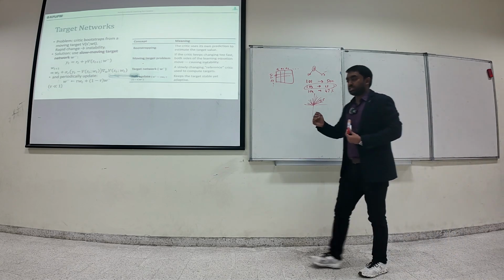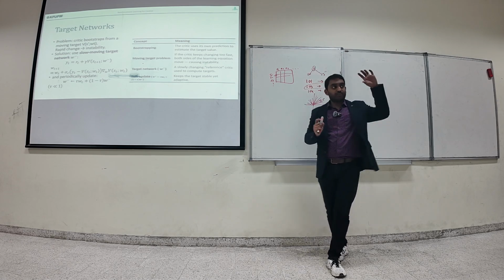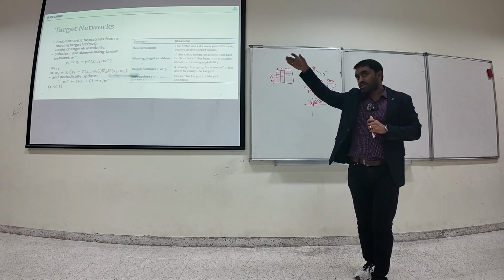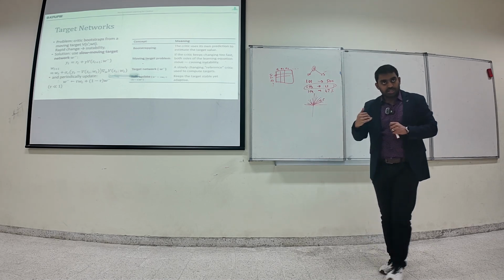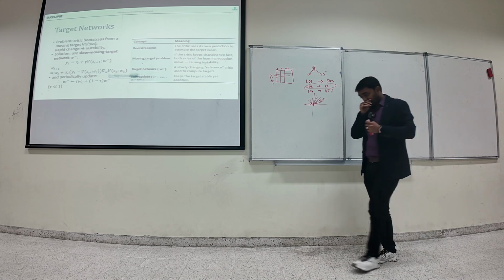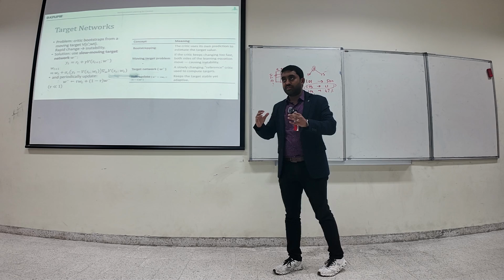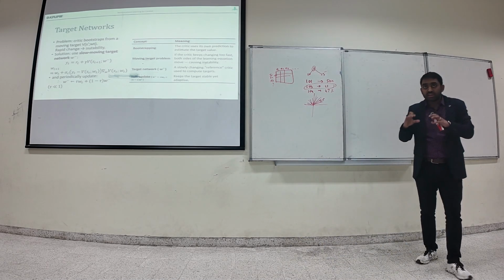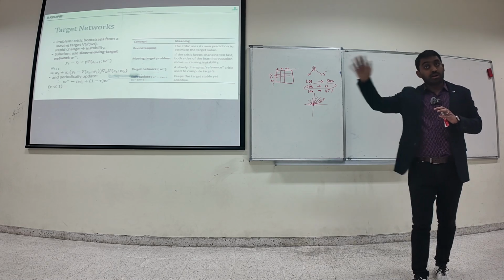So what you do instead is take two copies of the neural networks. You will have two actors and two critics. One pair of actor and critic will interact with the environment and update themselves after every step. However, the other set of actor and critic networks, usually called the target actor and target critic, you update after say 10 steps or maybe 15 steps or 100 steps.